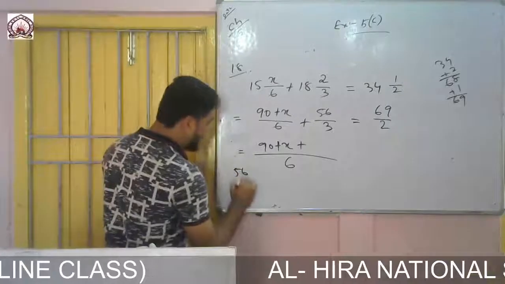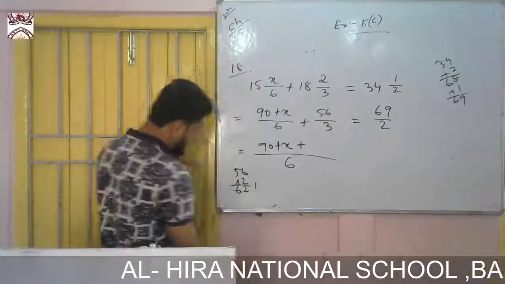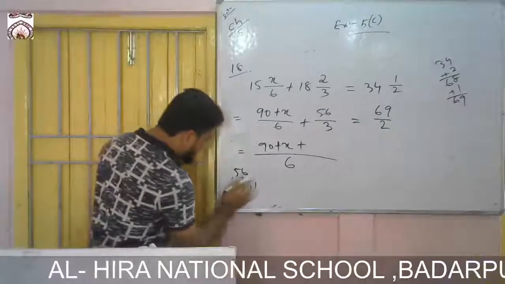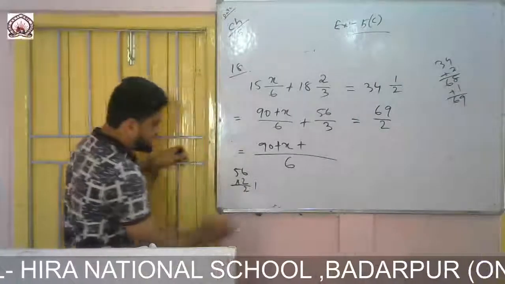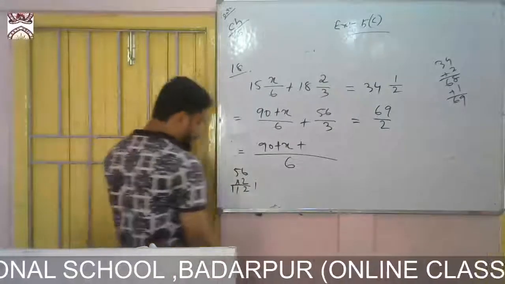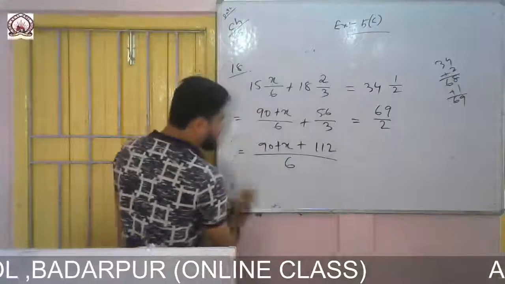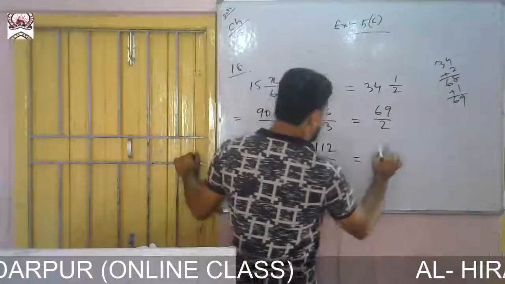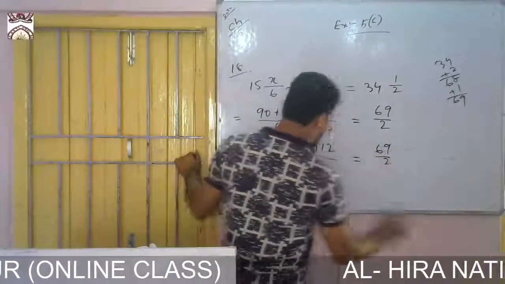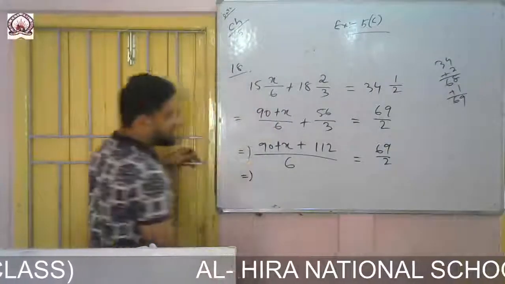So 56 2 jar how much? 6 2 jar 12, 5 2 jar 10, and 1 11. So 112 equals to 69 by 2.